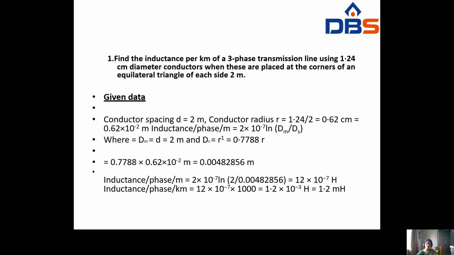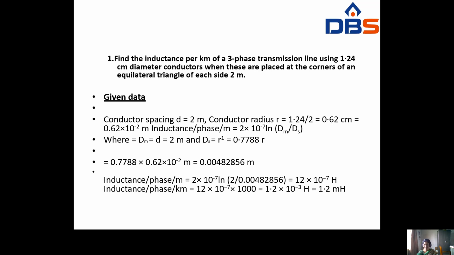Converting 0.62 centimeters into meters, we write 0.62 into 10 to the power of minus 2 meters. Here you want inductance per phase per meter.